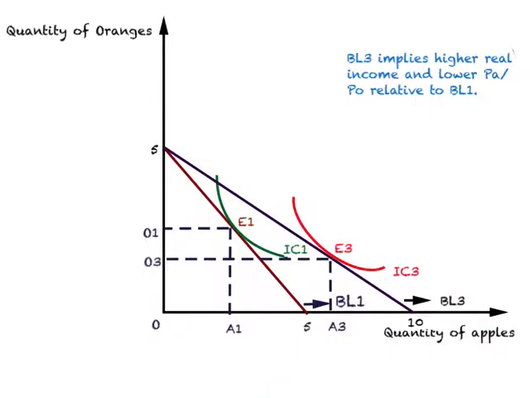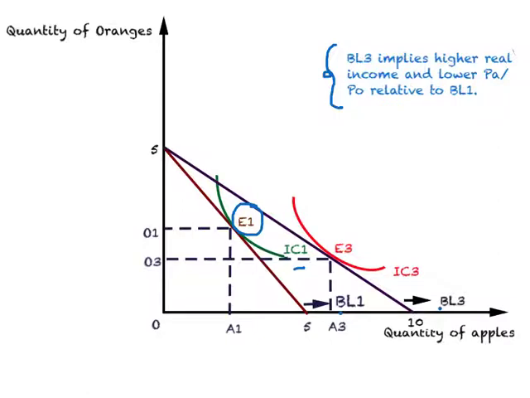Now based on the information we had about BL3 and BL1, we have drawn these budget lines and corresponding indifference curves, and we know about equilibrium E1, the point of tangency between IC1 and BL1, and we have this new budget line BL3, and you already know how BL3 compares to BL1.